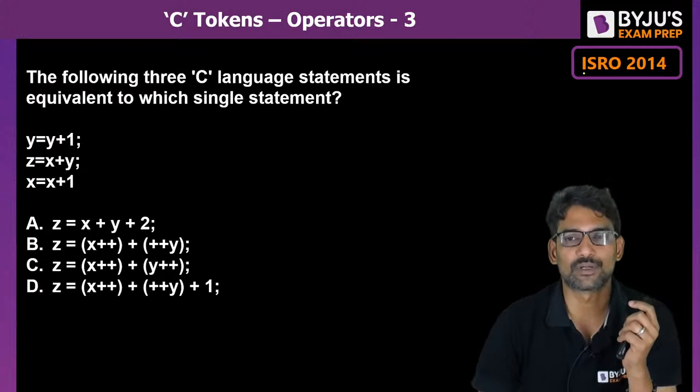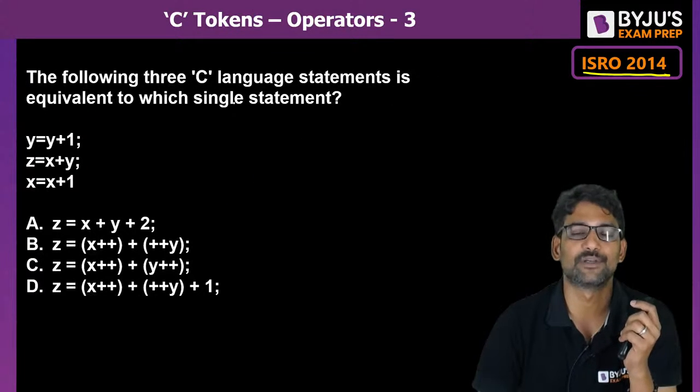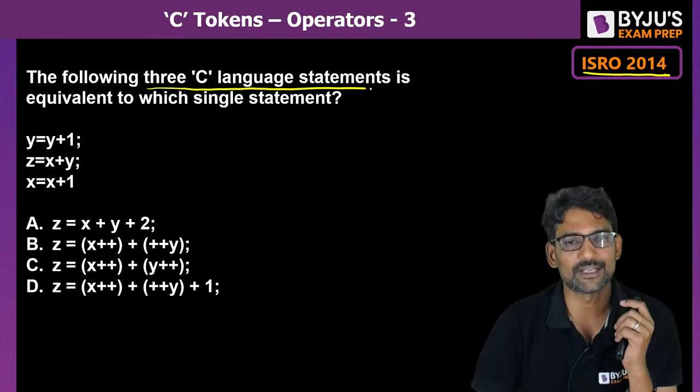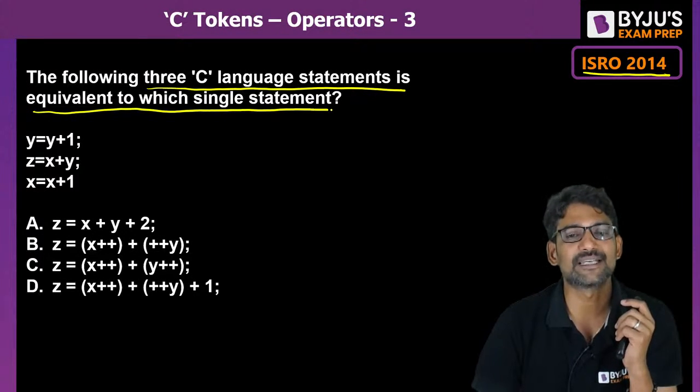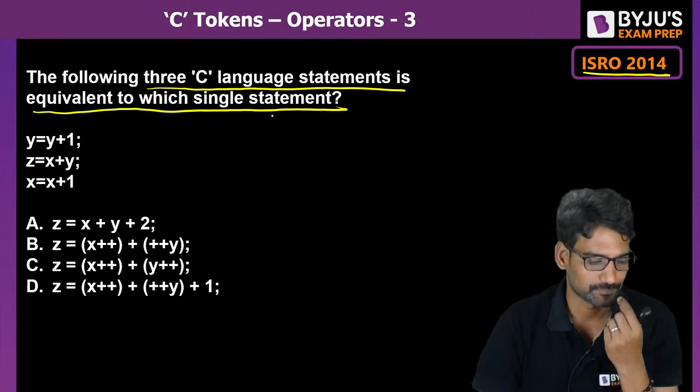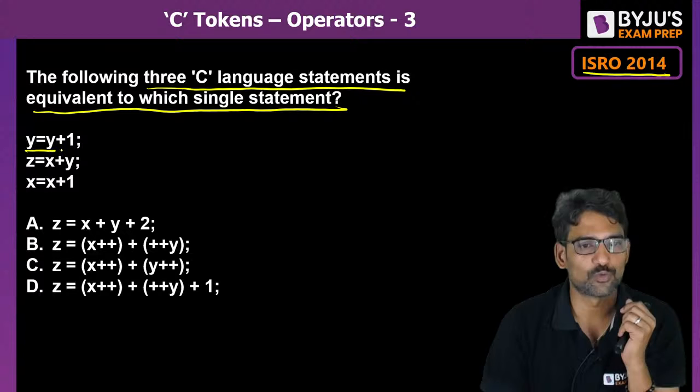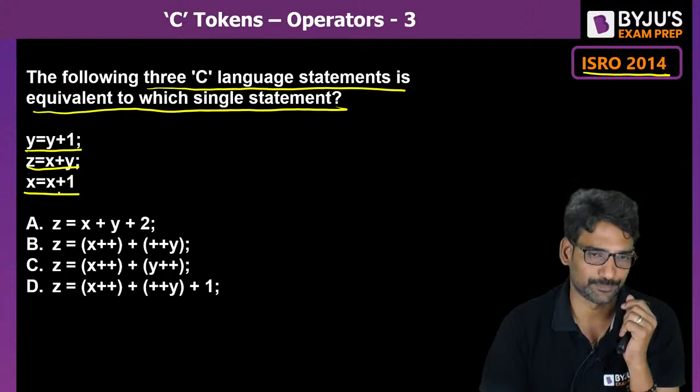And we have got one ISRO 2014 question. The following 3 C language statements is equivalent to which single statement? y is equal to y plus 1, z is equal to x plus y, x is equal to x plus 1.